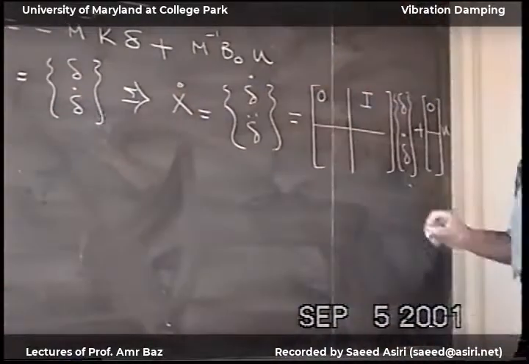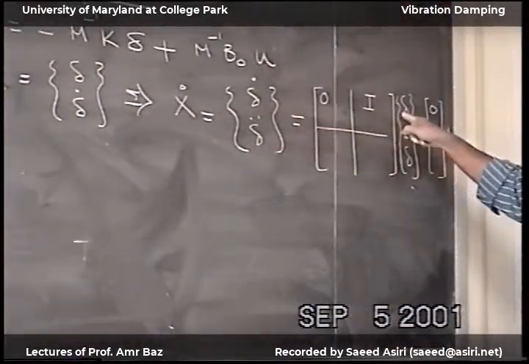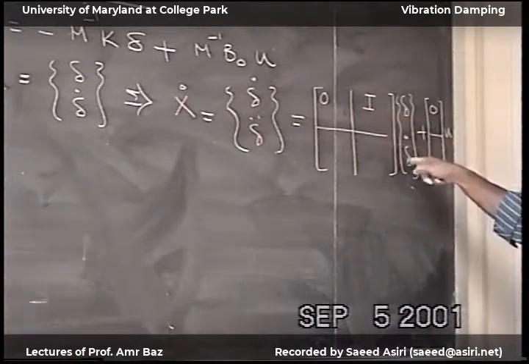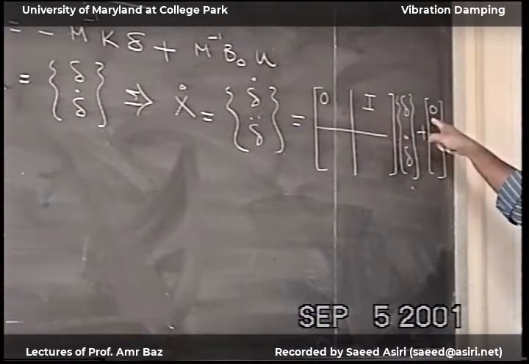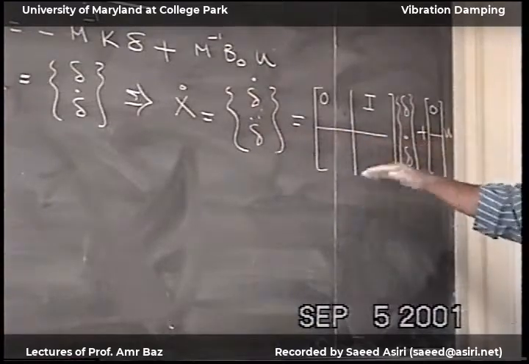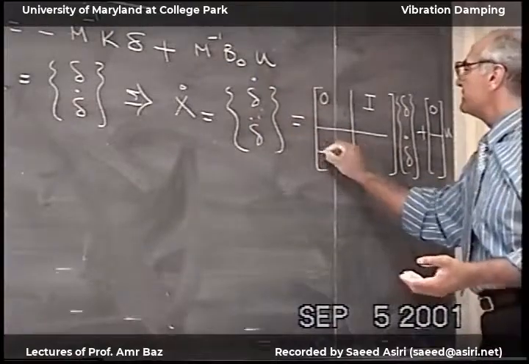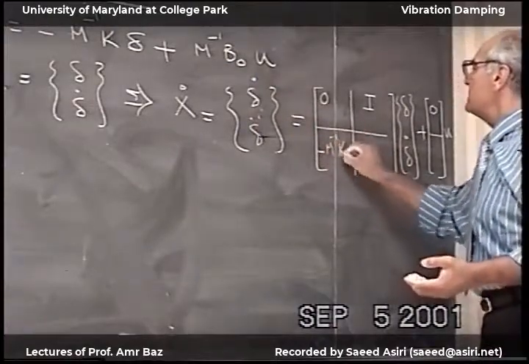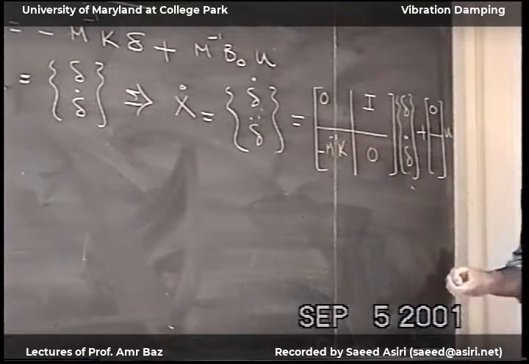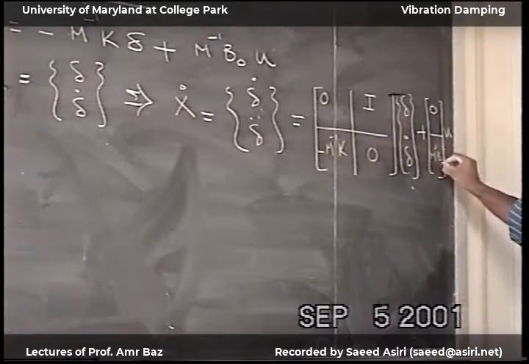So what I wrote now is like this, delta dot, 0 times delta, delta dot, and 0. So this says that delta dot is equal to delta dot. The second will be the translation of this equation here. So this will be minus M inverse K and 0. And then here is M inverse B0.